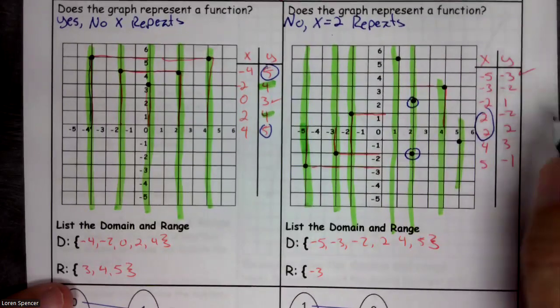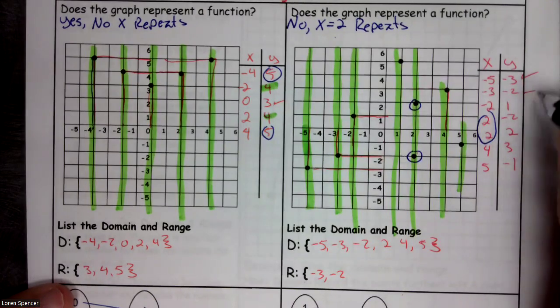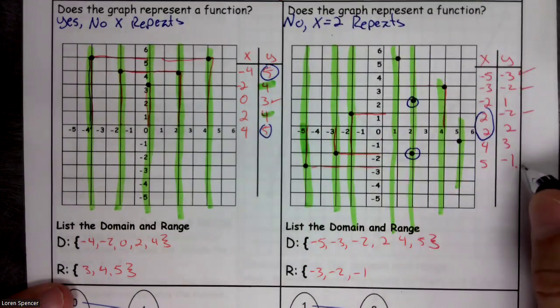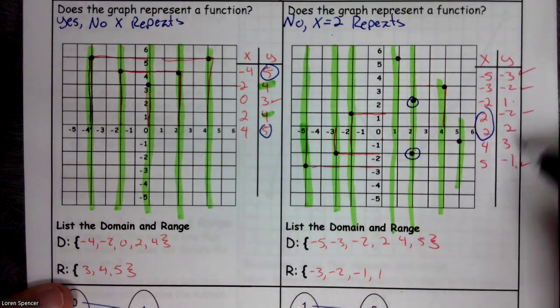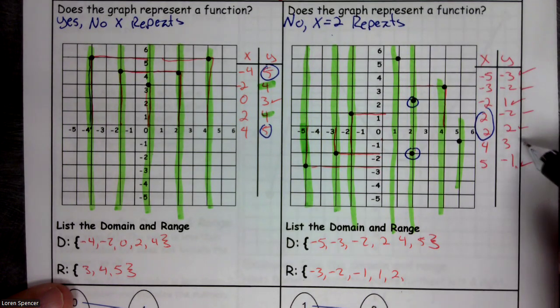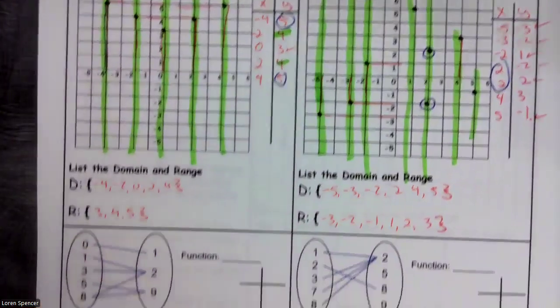Let's check that off. Then my next one is -2, and we have a couple of those, so let's check those both off. Then we have a -1, then a +1, a 2, and a 3. So that takes care of that.